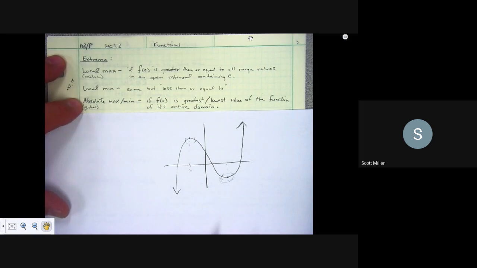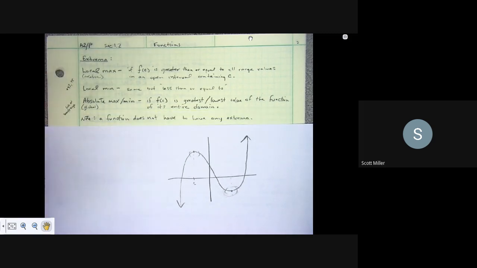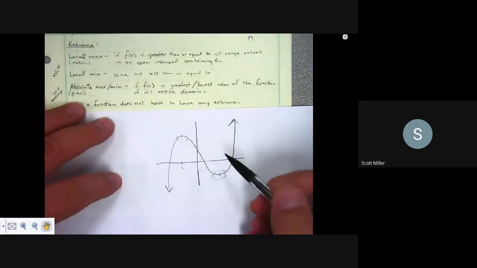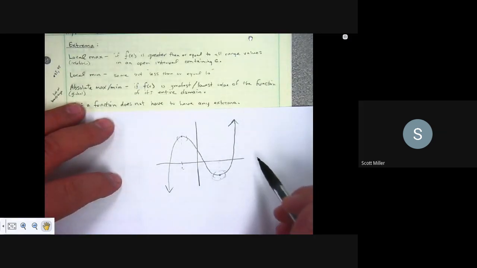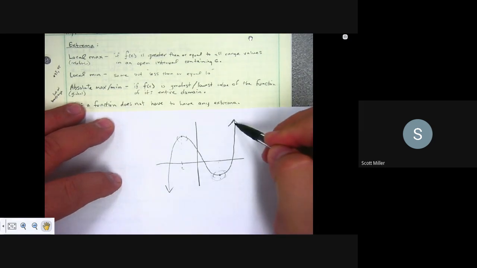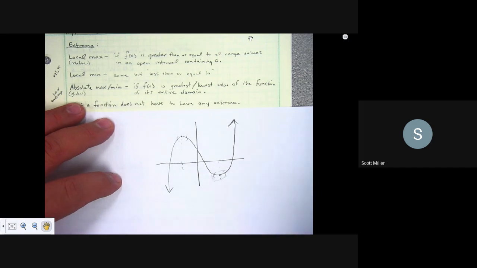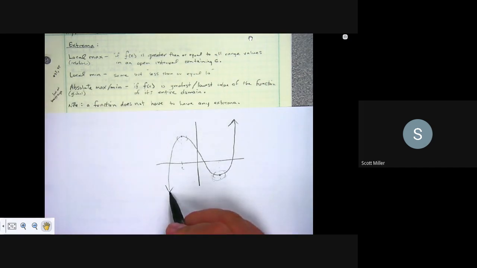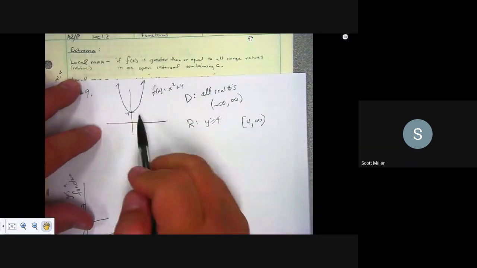Now the thing about an absolute max or min, not all functions have one. They don't have to have one. This is an example. It does not have an absolute max or an absolute min. Because this arrow points up forever, it's going to infinity. So there is no number that's higher than any other number. Same thing for the minimum. This one goes down. But let's look at this graph.